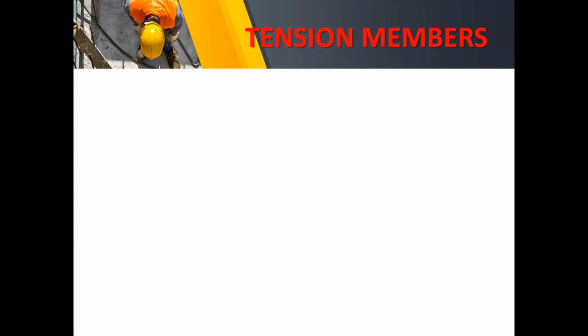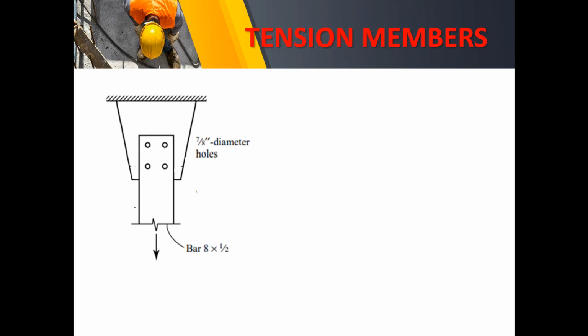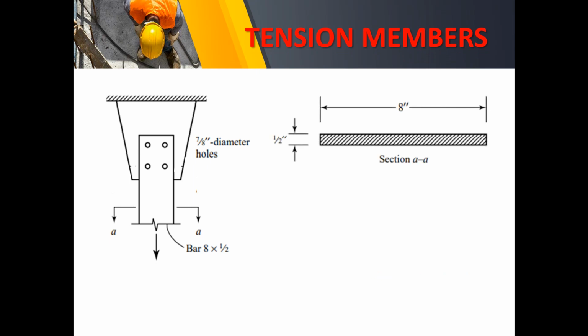If we consider here a connection between a bar and a member, we have the diameter of holes and the given bar with its thickness. At section A, your net section is still whole, or not reduced, in the sense that there is no hole or bolt in that cut section AA.